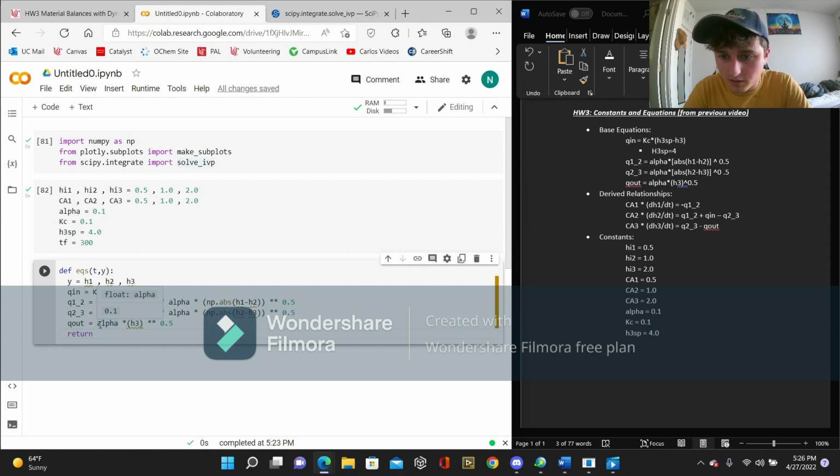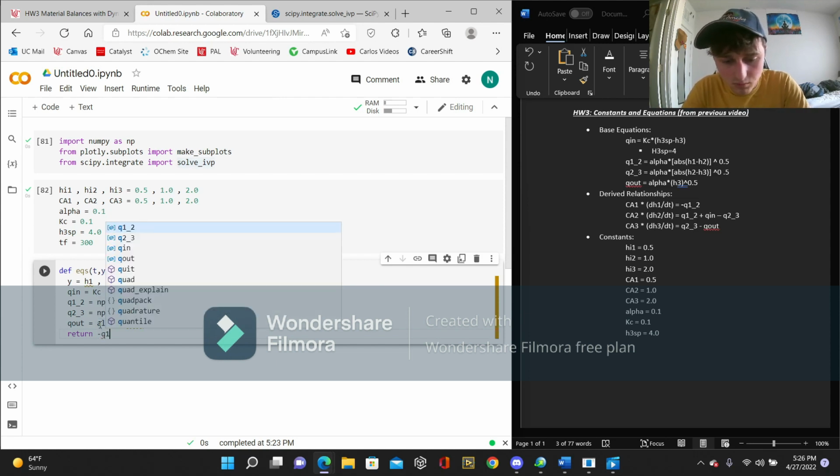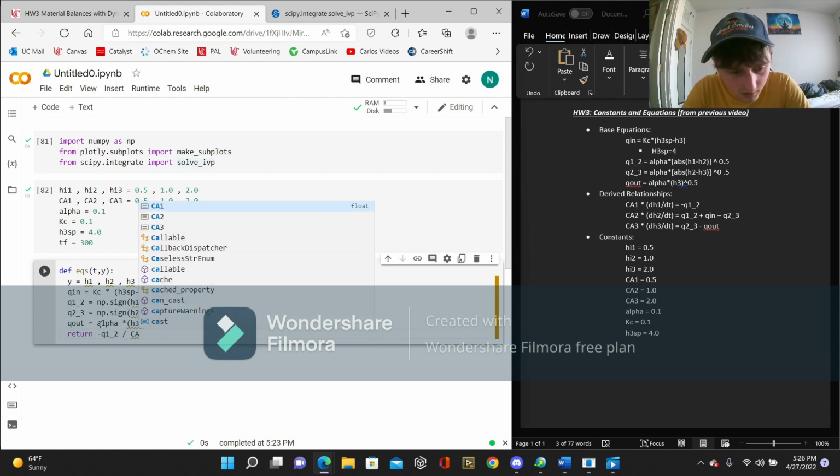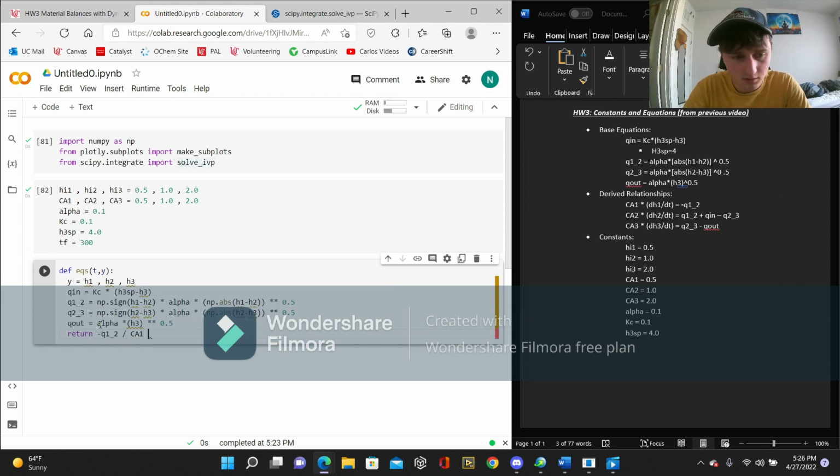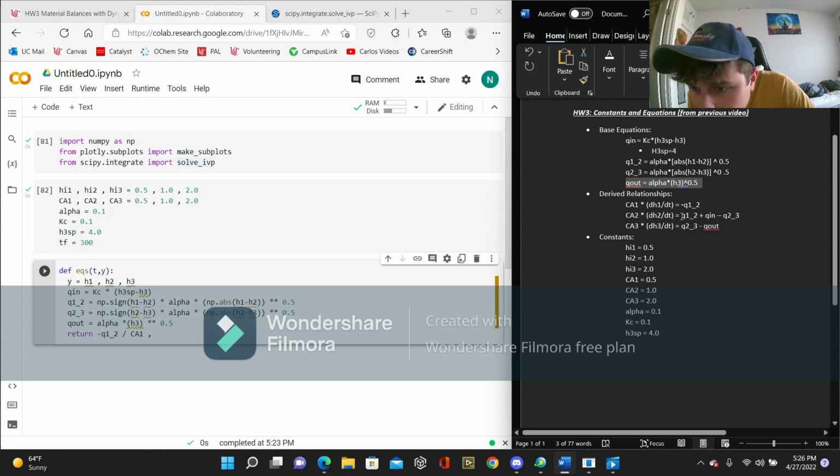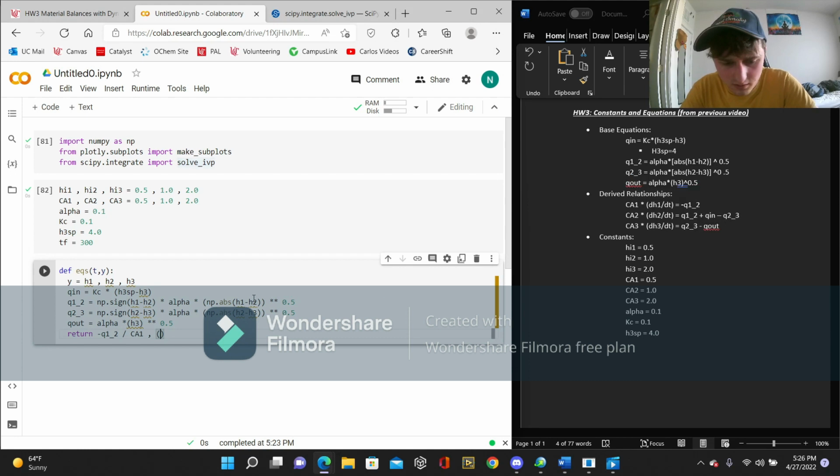So let's just get right into it. Negative Q1 2. Don't believe we need brackets or commas or anything. Or we do need commas. I don't believe that we need brackets. So let's move on. We are going to need that in parentheses. Q12 plus Qn minus Q23.